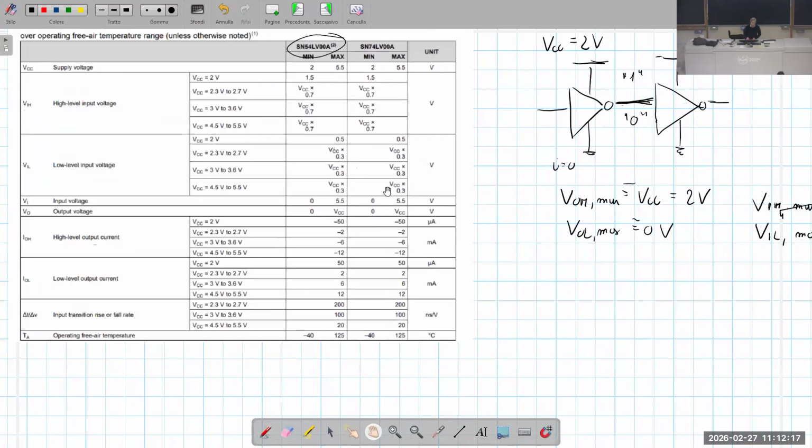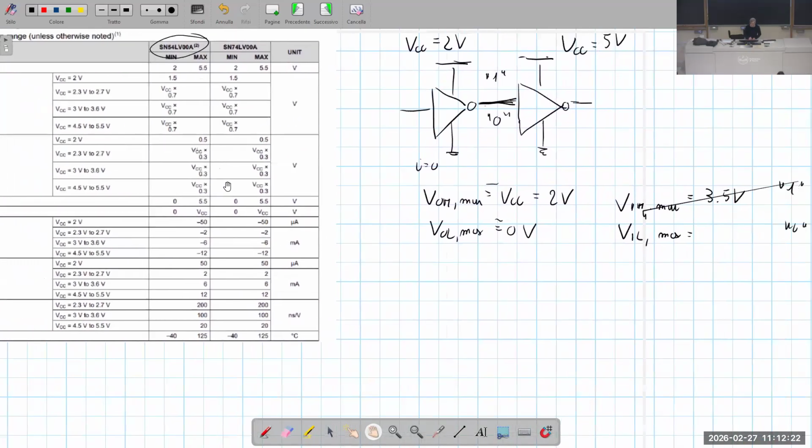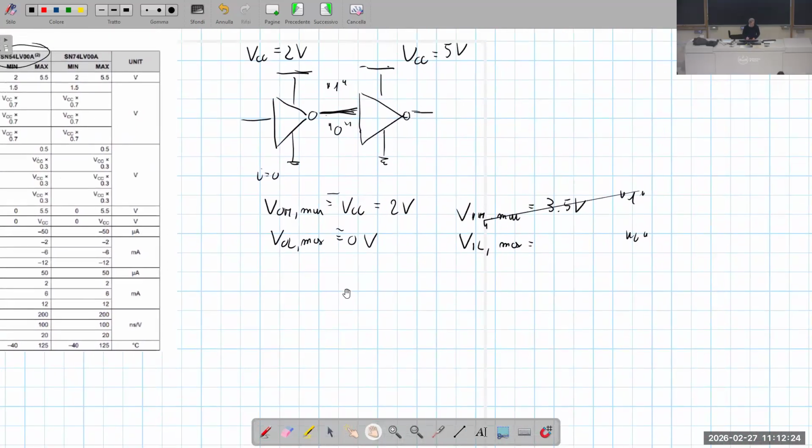I have to look at this last row, it is VCC times 0.3. It's 30% of VCC. VCC is 5 volt, so it is 1.5 volt. Now let's compare. This is VO. This is VI.